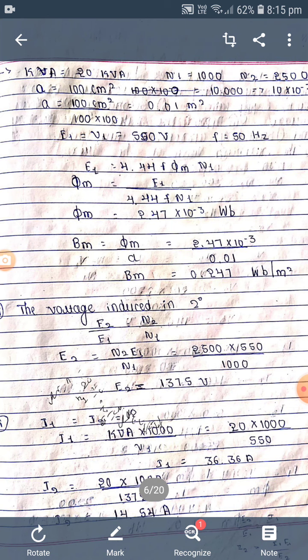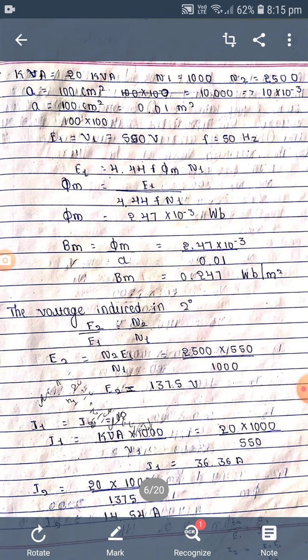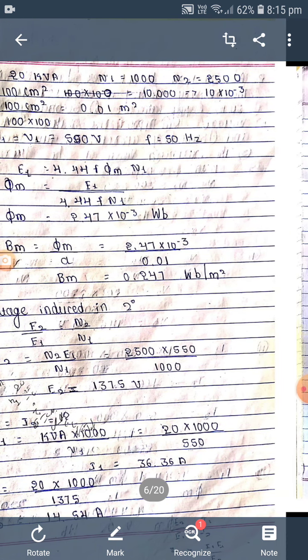Now what can we do here? E1 equal to V1: E1 is the primary voltage, V1 is the supply voltage, both are the same, equal to 550 V, and the supply frequency is 50 Hz.